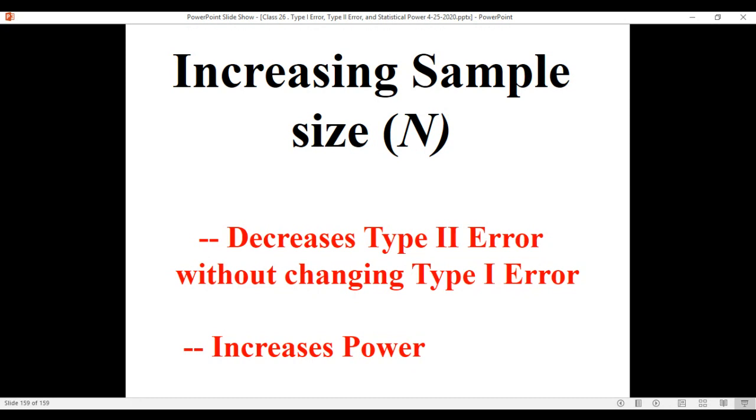In a t-test, statistical power is the probability that we will find a significant difference between the means if there really is a difference in the population. Put another way, power is the probability of correctly detecting a difference in the populations when there really is a difference in the populations. Power is equal to 1 minus beta.